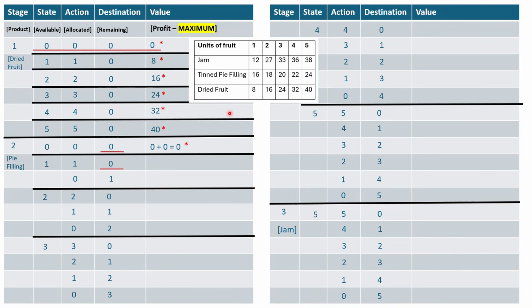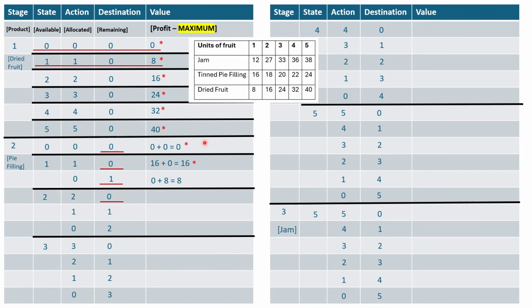So we have 1 unit that's allocated, which is 16, plus our 8, which is pulling from our optimal value, which gives us 24. And then we have nothing for pie filling, which is 0, plus we'll have 2 remaining. And if we go up here to where there's 2 remaining, we add our 16, and that gives us 16.